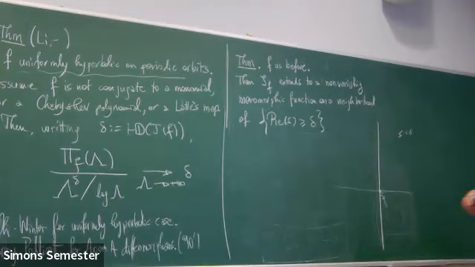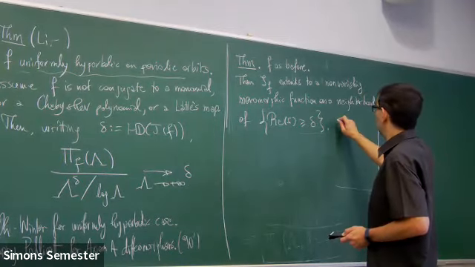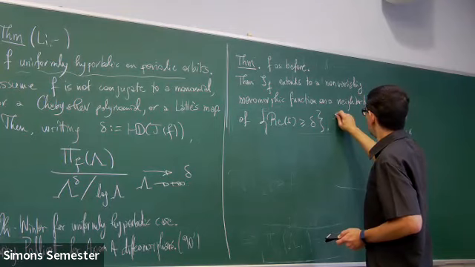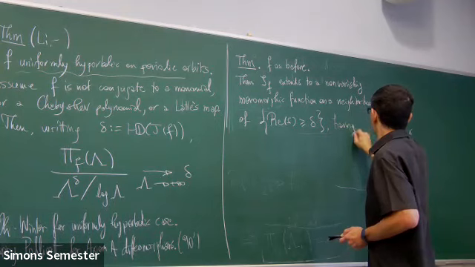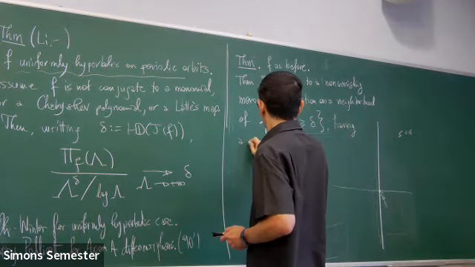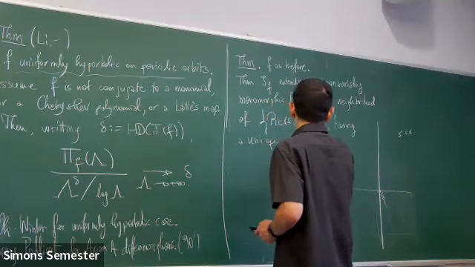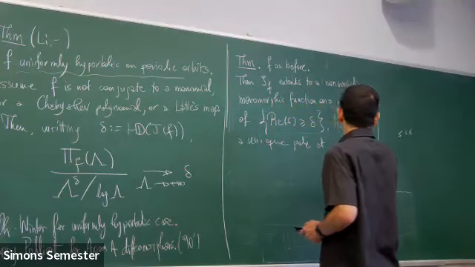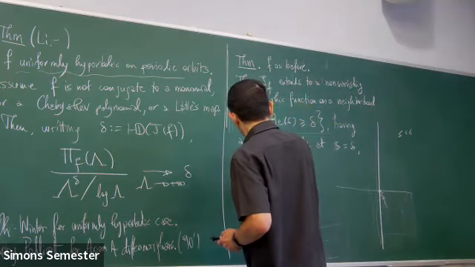Okay. There's a unique pole at s equal to delta, and this pole is simple.